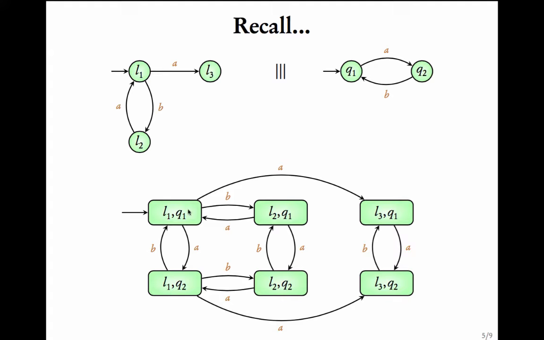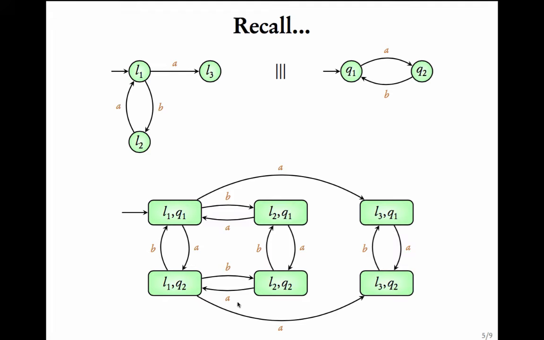At L1, Q1, either transition system 1 moves or transition system 2 takes the next transition. This is the transition which signifies that this transition system has taken the next transition. This is a transition which signifies that transition system 1 has gone to the next step.